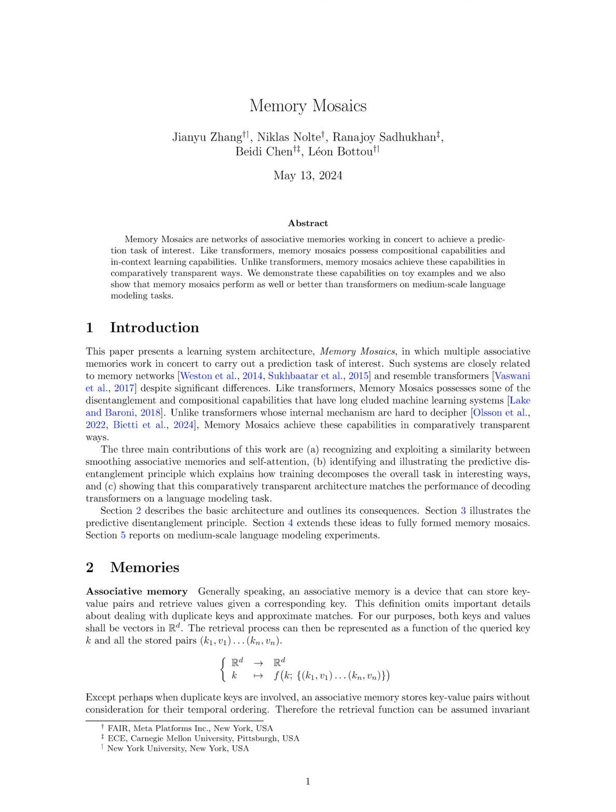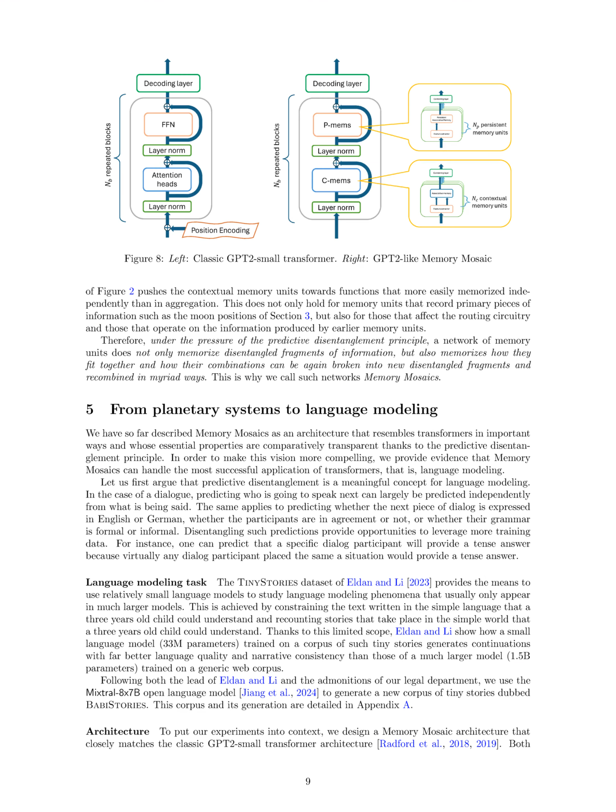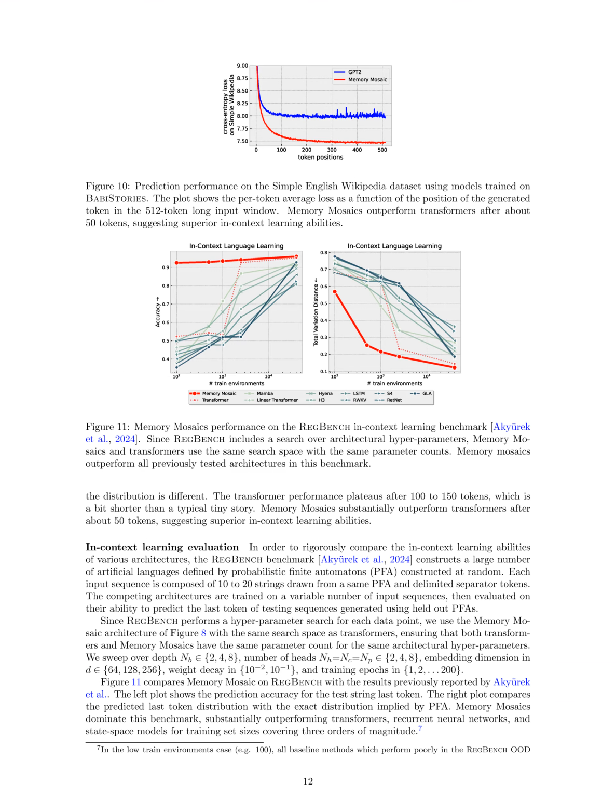Furthermore, memory mosaics have shown promising performance in language modeling tasks, matching or slightly outperforming transformers in certain scenarios. Their ability to handle out-of-distribution tasks, such as predicting simple English Wikipedia articles, showcases their robustness and adaptability. Overall, memory mosaics offer a more interpretable and efficient approach to memory-based learning systems, making them a compelling choice for various applications in machine learning and artificial intelligence.